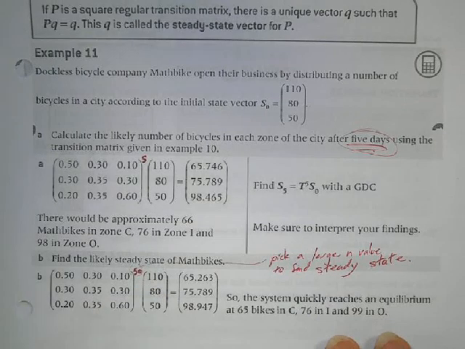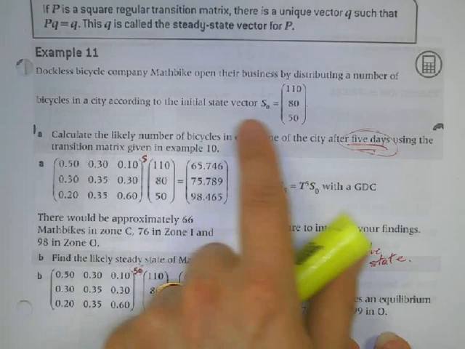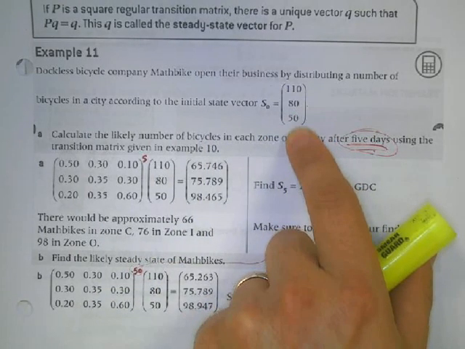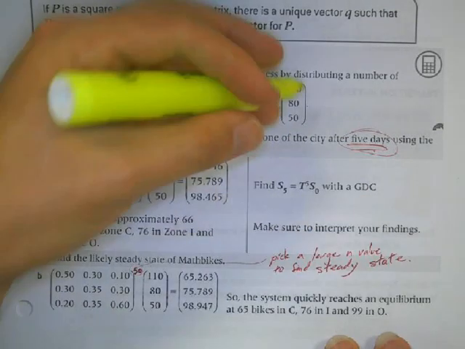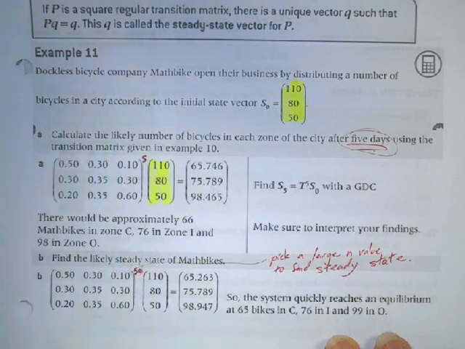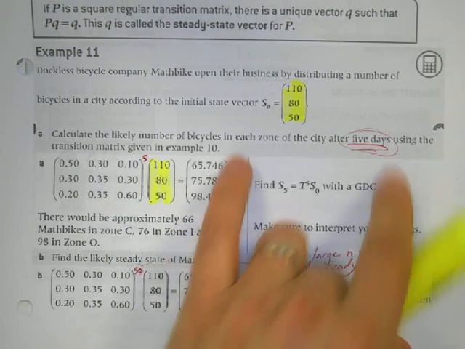They've given you an initial state vector of 110, 80, and 50. That's my initial state here. Good thing I put the solutions here because the matrix didn't show up somehow.